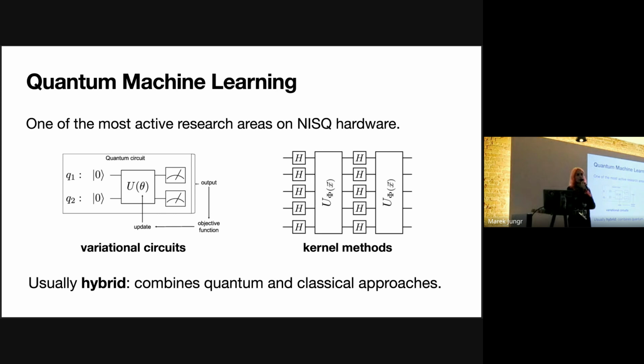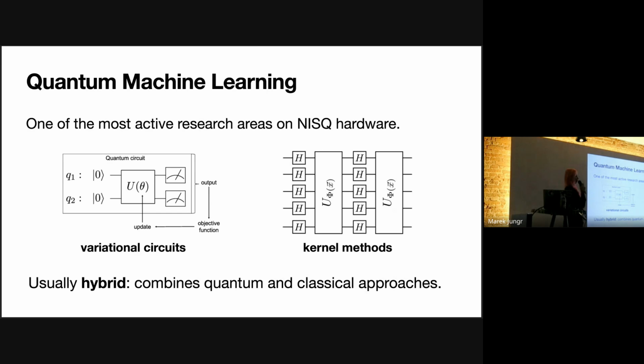They are basically a group of algorithms which work in some optimization loop, in which part of the optimization is done on the quantum computer. It's some parameterized quantum circuit, it does some stuff.